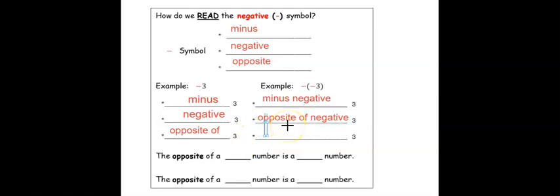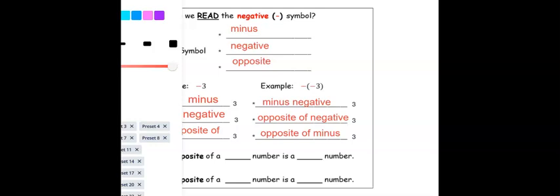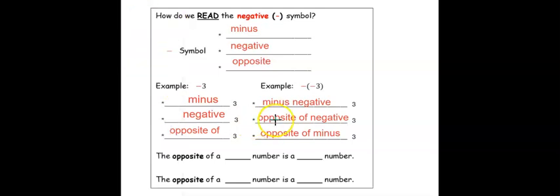And finally, another way some students might think of it is the opposite of negative 3. When you think of these, it's whatever your brain needs in the moment. In the case of this problem, I would say the one that makes the most sense to simplify this double negative is this one right here.